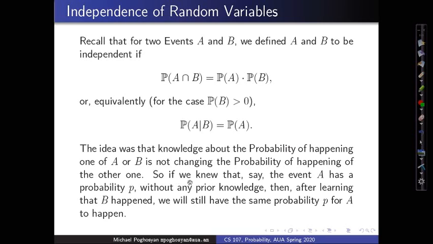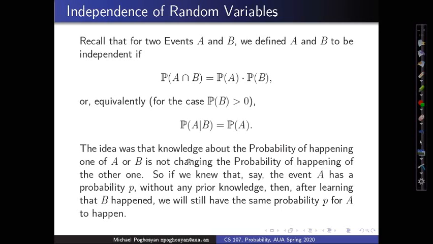So if we knew that the event A has probability P without any prior knowledge, then after learning that B happened, we will still have the same probability P for A to happen.